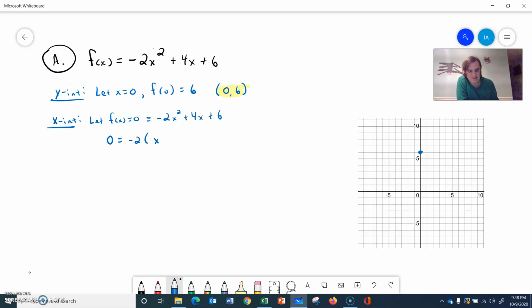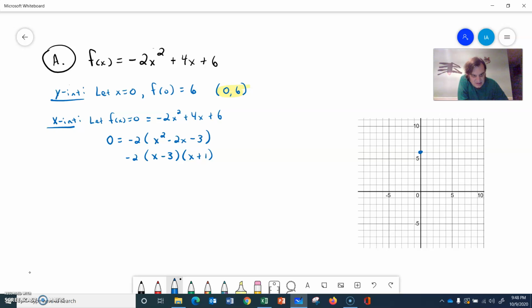So it will leave me with negative 2 times x squared minus 2x minus 3. And if I'm not mistaken, that quadratic, x squared minus 2x minus 3, factors into x minus 3 and x plus 1.